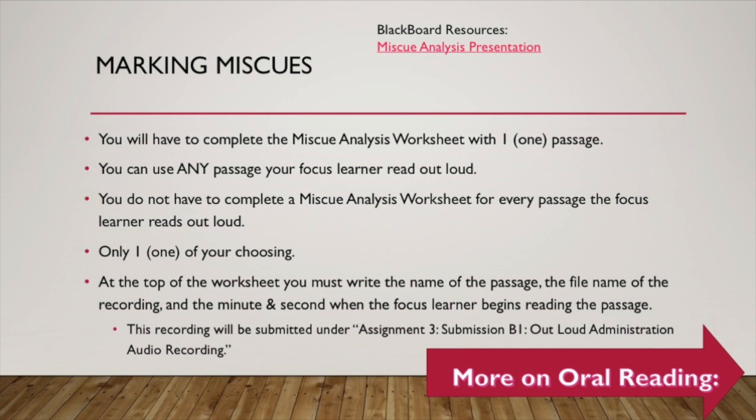You would only choose one passage, either 5th, 4th, or 3rd, and complete a miscue analysis worksheet. You do not have to do one for every passage read out loud, only one of your choosing.